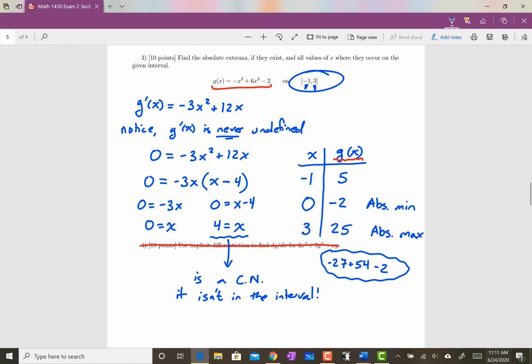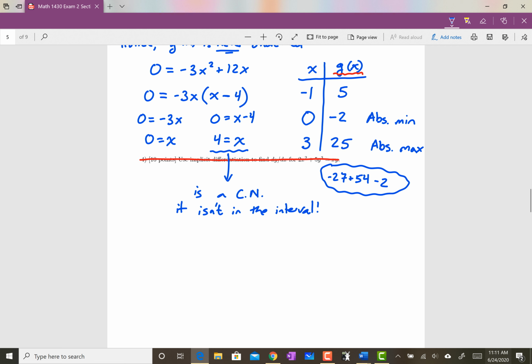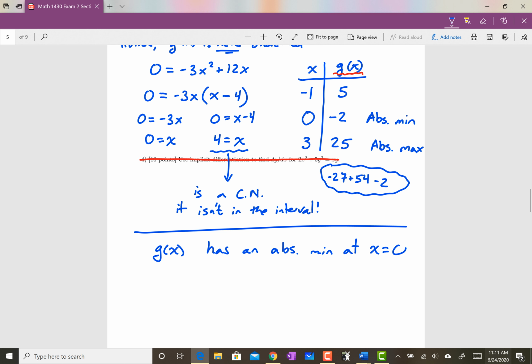Now, if we were being formal about it, we can write down as our final solution that g of x has an absolute minimum value of negative 2 at x equals 0.